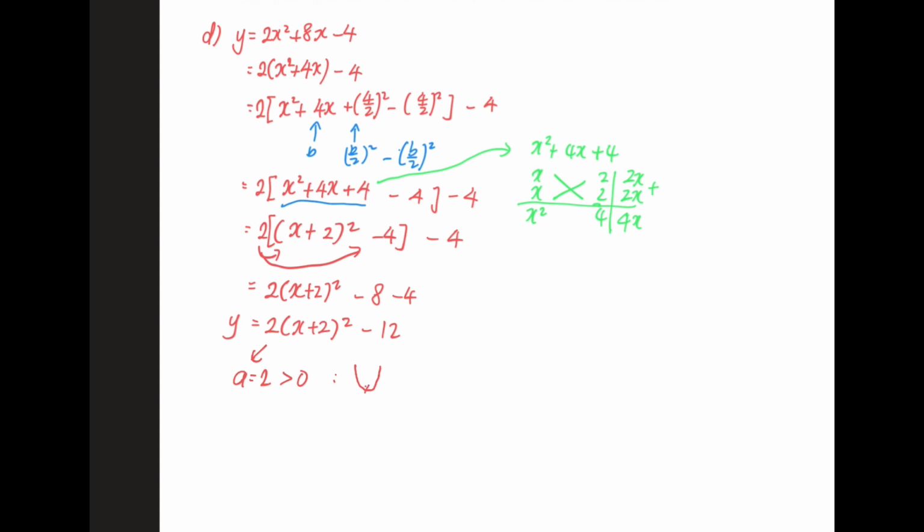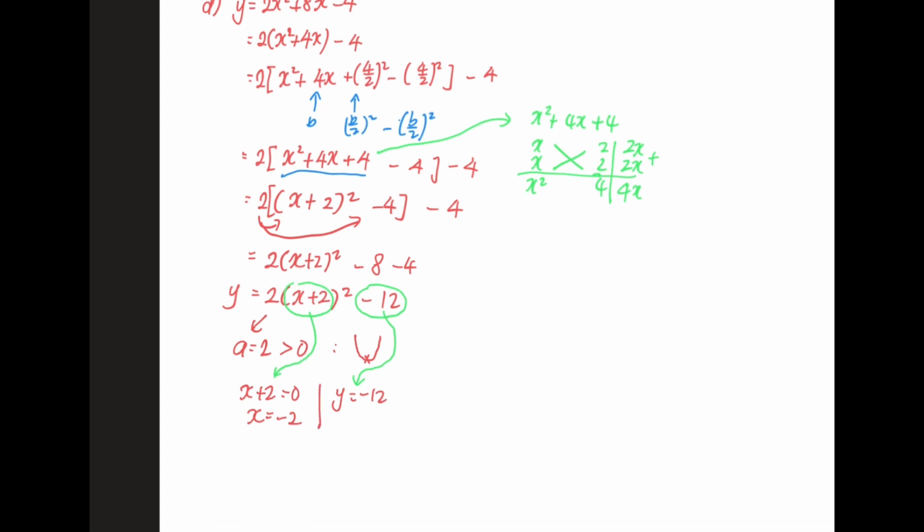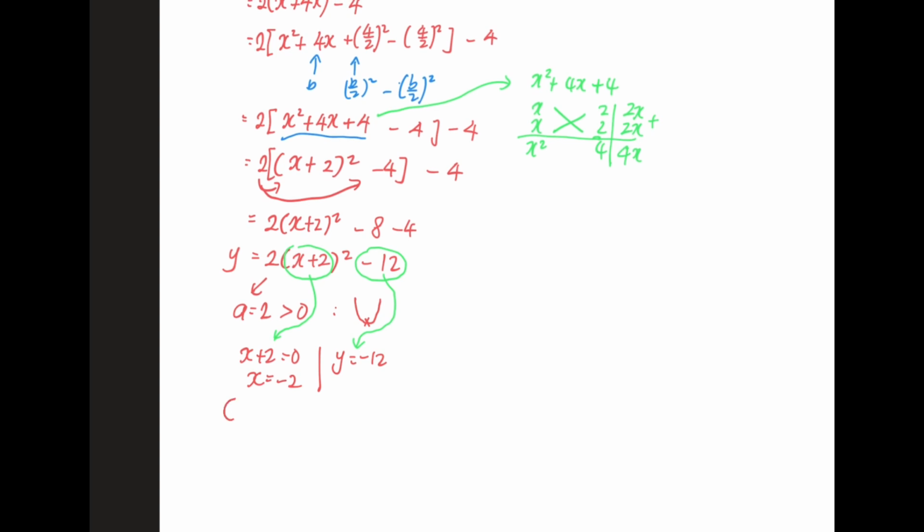To find the minimum point, we take the bracket and let it equal to 0. x plus 2 equal to 0, x equal to minus 2. Then for this, minus 12, this is y. So y equal to minus 12. So we have the x and the y. This is the stationary point or turning point, which is (minus 2, minus 12).